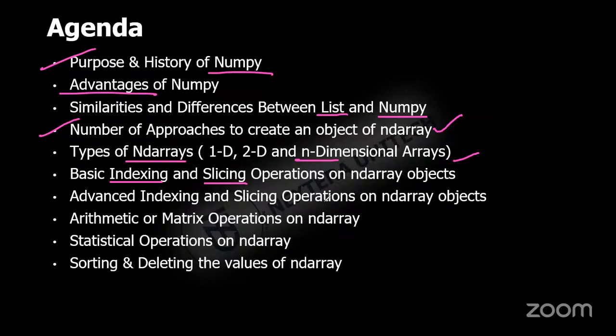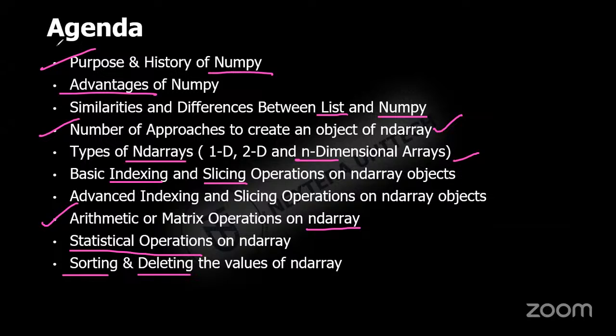Post understanding the advanced indexing and slicing operations, we'll talk about the arithmetic operations on NDarrays. On an n-dimensional array, how to perform arithmetic operations. Post understanding arithmetic operations, we'll talk about statistical operations, how statistical operations can be done on NDarray. And finally, the sorting and deleting process on the values of NDarray.